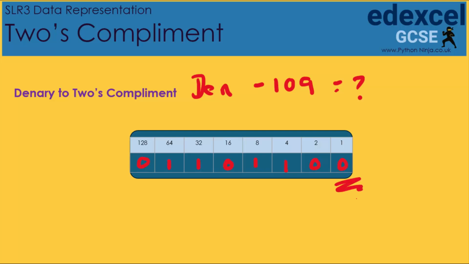This is where I went wrong. Right at the beginning, when I was working out the positive binary value for 109, I worked out the positive binary value for 108 for some reason. So all I needed to do was to count properly and work out the value for 109.